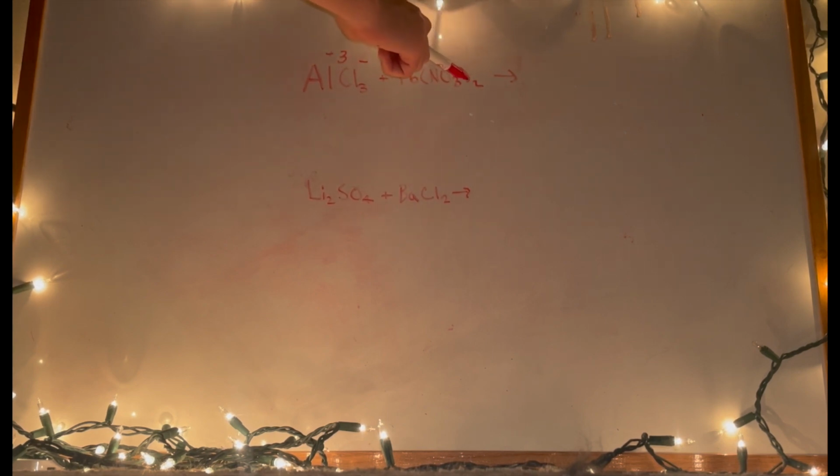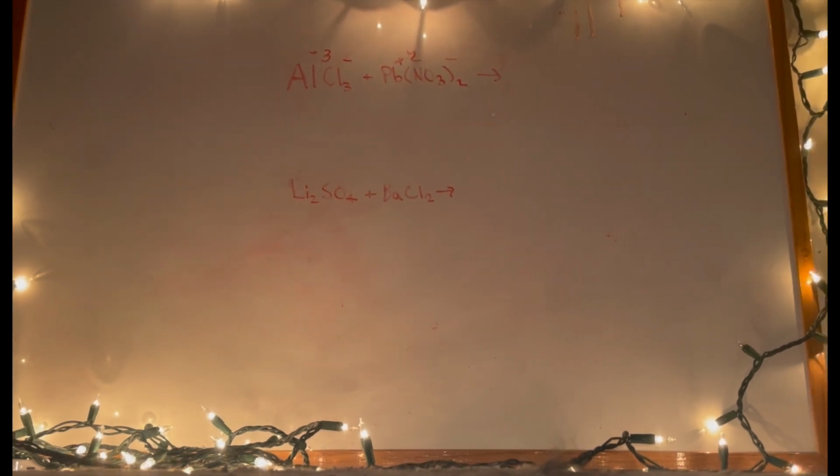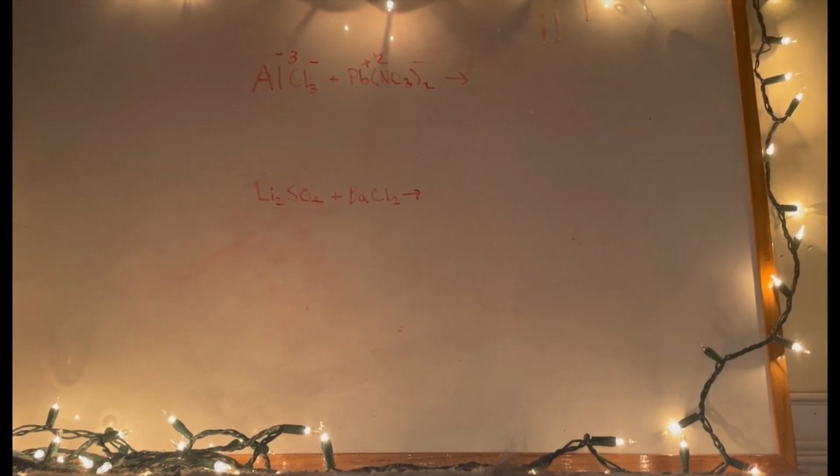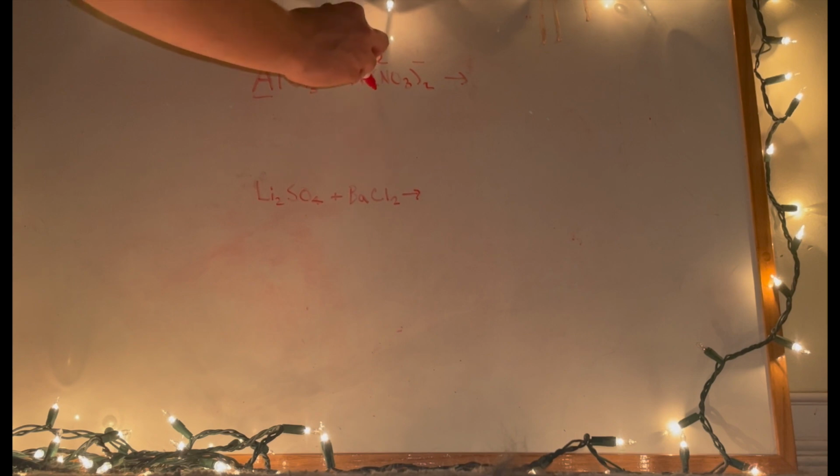There's also a 2 here, so that means that lead has a +2 charge and nitrate has a negative charge. And then, knowing that this is just a basic double displacement reaction, we're going to switch the aluminum and the lead.